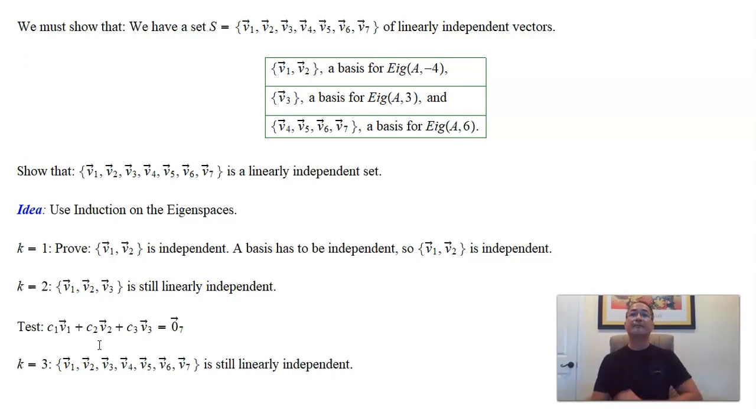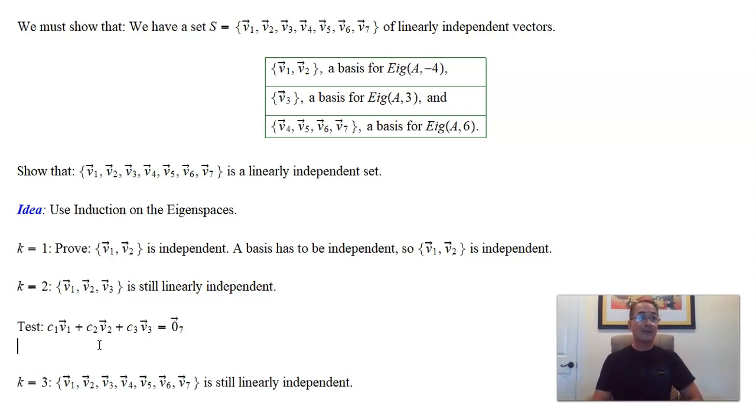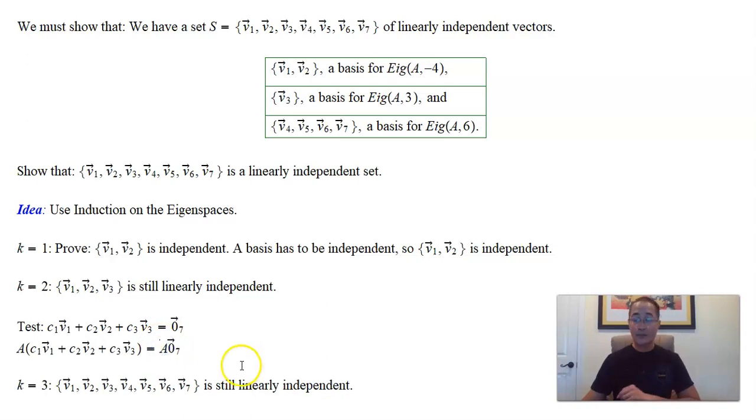Remember the 2 things that we did to this test equation. The first thing was to multiply both sides of that test equation by the matrix A. Left side, right side, multiply by A. But that's still the 0 vector.